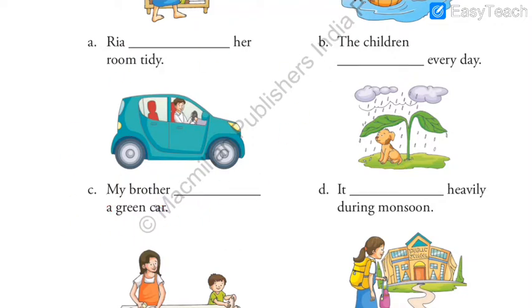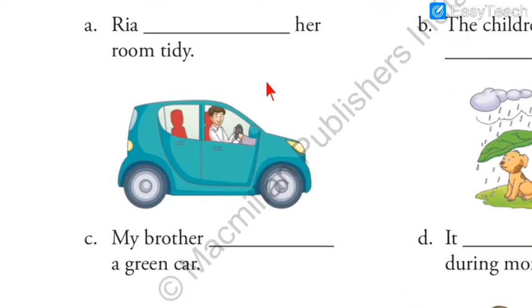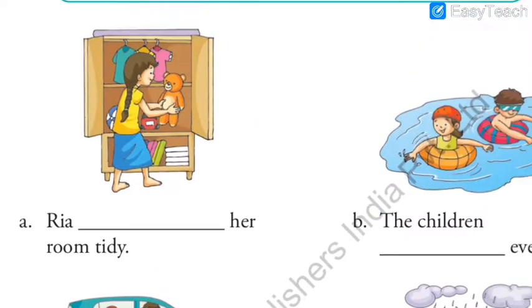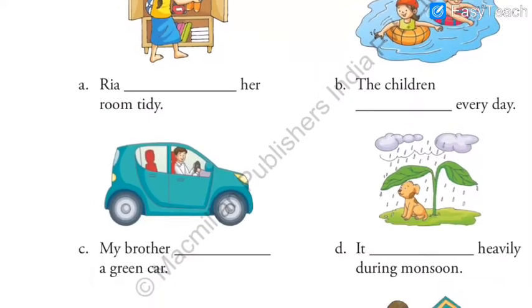My brother dashed a green car. What is he doing? Is he cleaning it? No. Is he breaking it? No. What is he doing? What does the person in the driver's seat do? They drive, right? So can we see any such word here? Yes, here it is. If you can see, my dear students, drives, right? So that is the correct word for that blank.